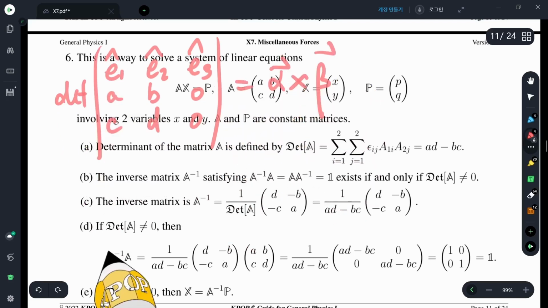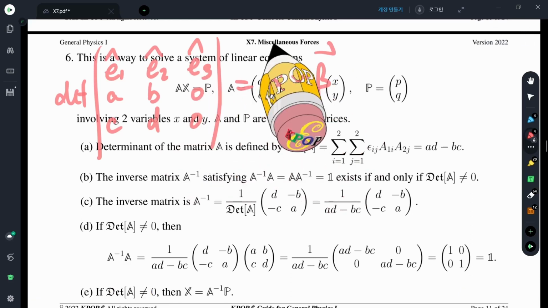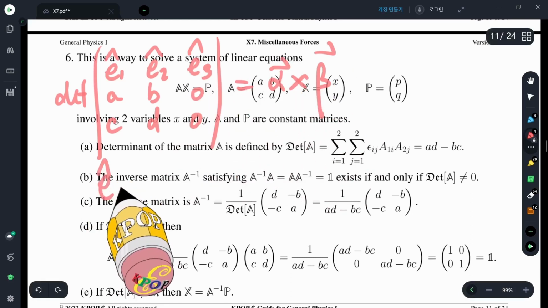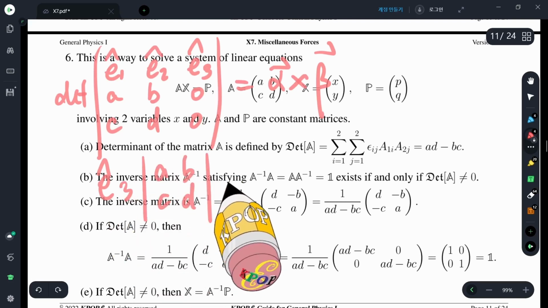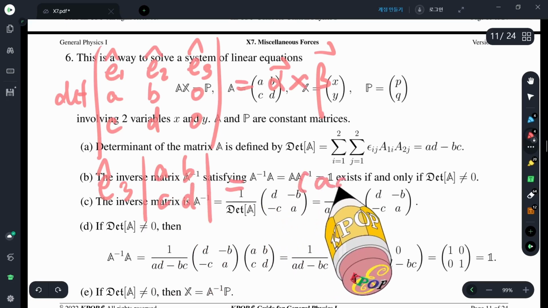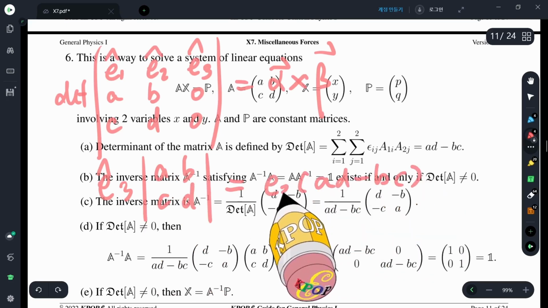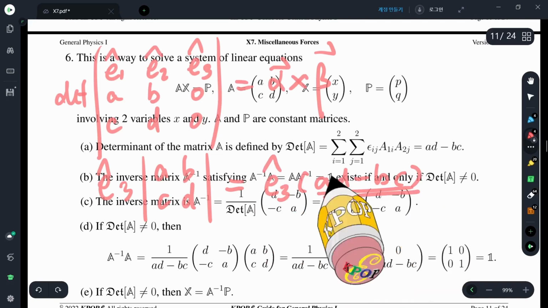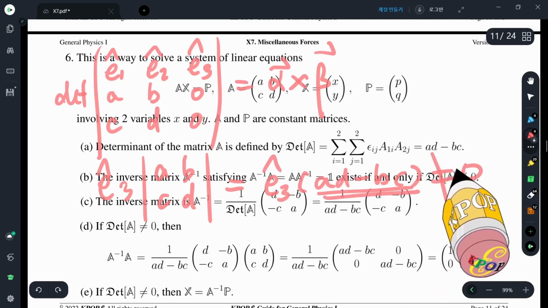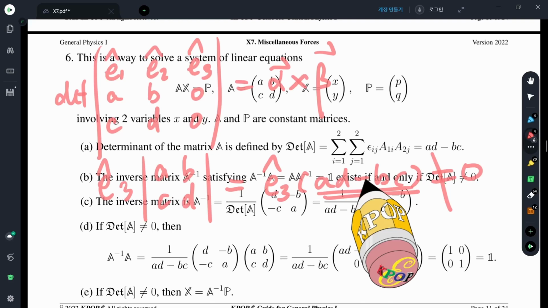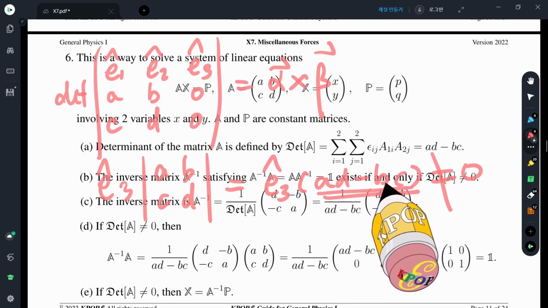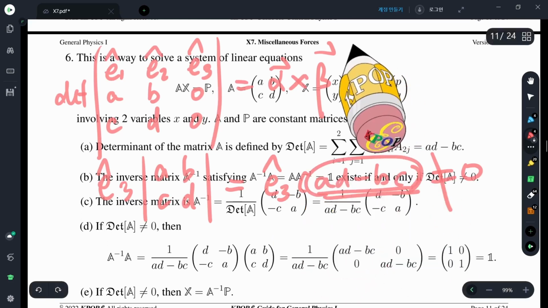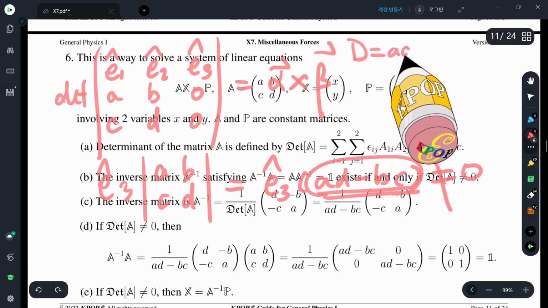How can I compute this determinant? Everything is 0 except the e3 determinant a, b, c, d. Determinant a, b, c, d is too easy. ad minus bc, e3 hat. Aha. So if it is non-vanishing, the solution exists uniquely. That's the reason why the determinant ad minus bc is quite important. Let's copy the determinant ad minus bc.